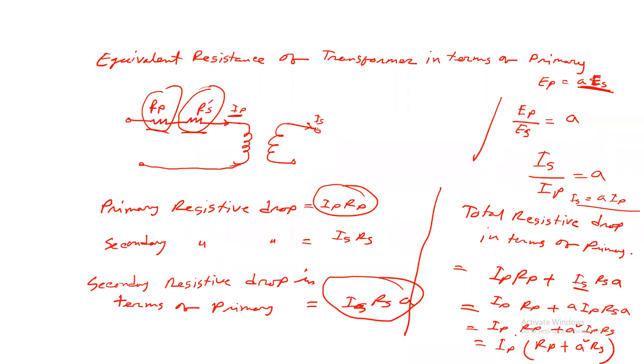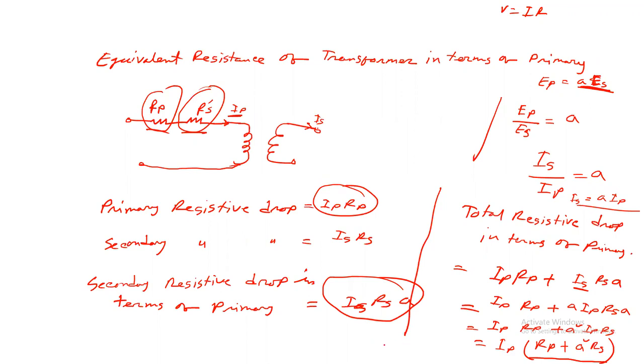So you know that V is equal to IR. If this is the current, then this total is the resistance.